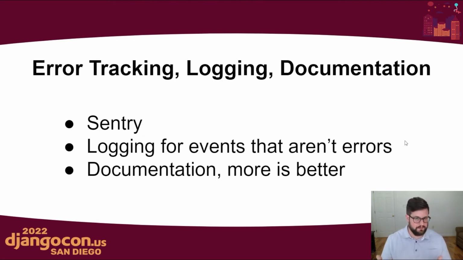Finally, just a few tips and things that I've found helpful for us as well. Starting with error tracking. For us, I've been using Sentry. That's been valuable for us. We fit within the free tier. I know there are other options for this, but Sentry has worked for us, but feel free to use something else.